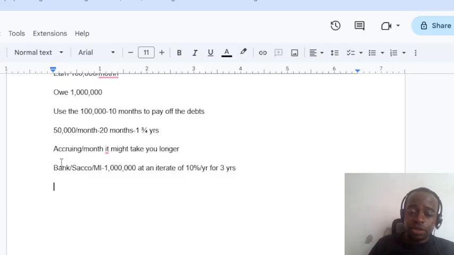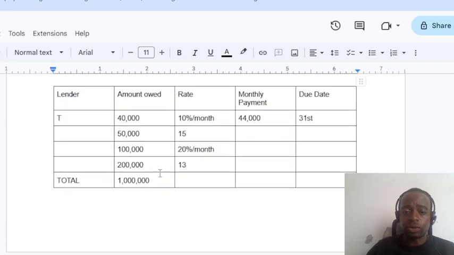And of course, the bank will break it down for you how much you have to pay every single month to be able to pay off this 1 million. But you can see this 1 million will help me to pay these other debts that I actually already owe.